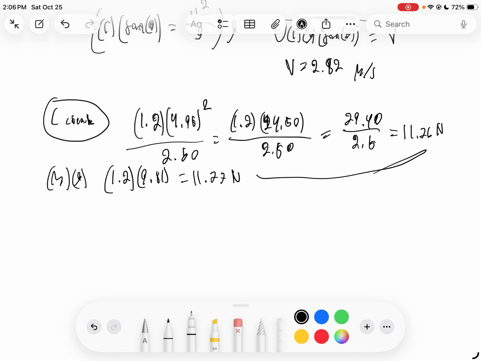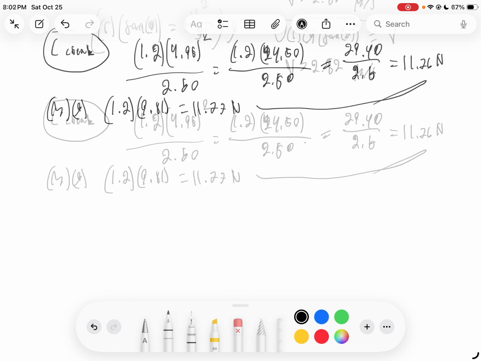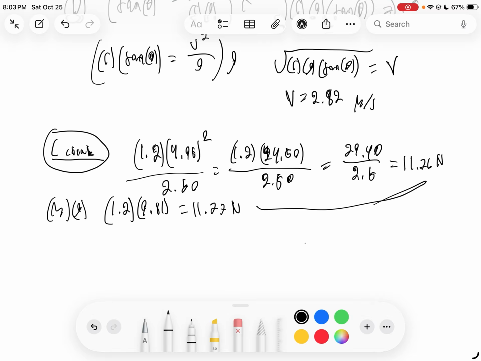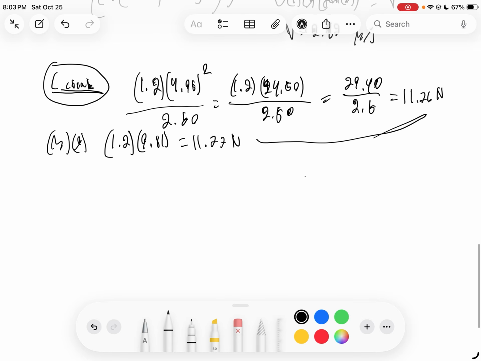So yes, it is confirmed that that is the correct minimum speed needed to keep the string taut. All right, so that was just for part C. We still need to check part A, B, and D.